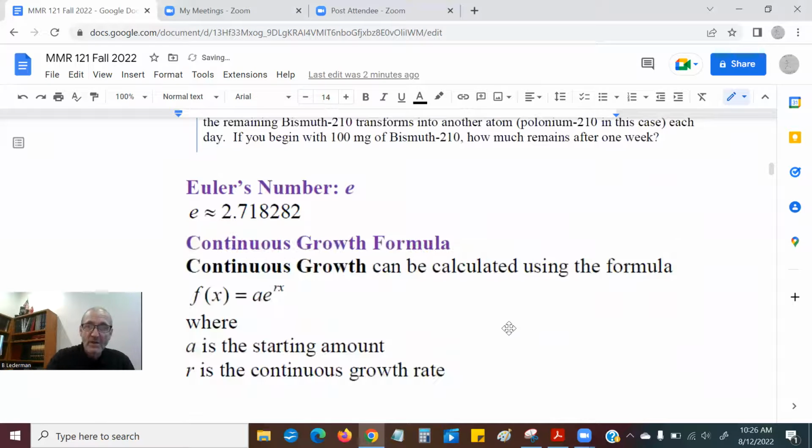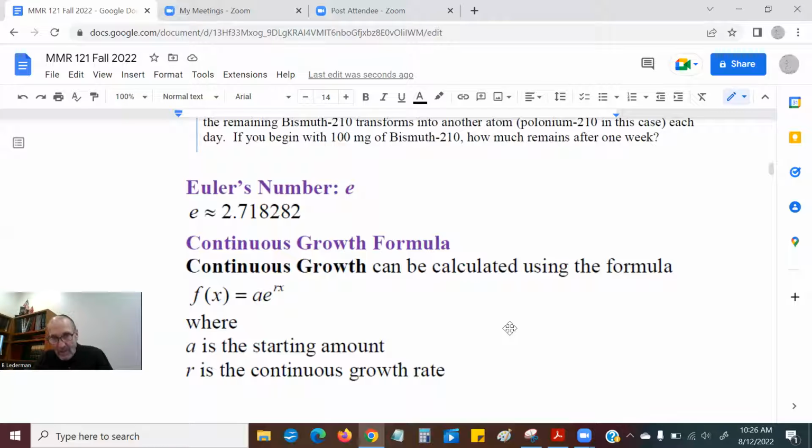Continuous growth can be calculated using the formula f of x equals a times e to the rx, where a is the starting amount and r is the continuous growth rate. In other words, imagine you have interest. Instead of being compounded monthly, it's compounded daily.